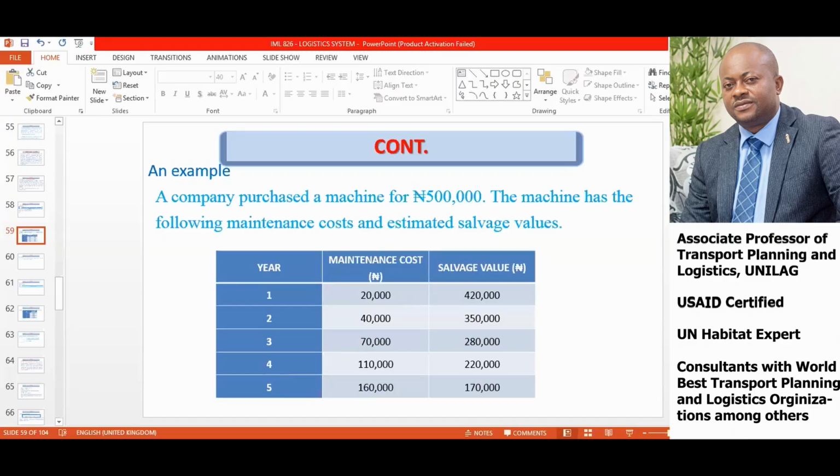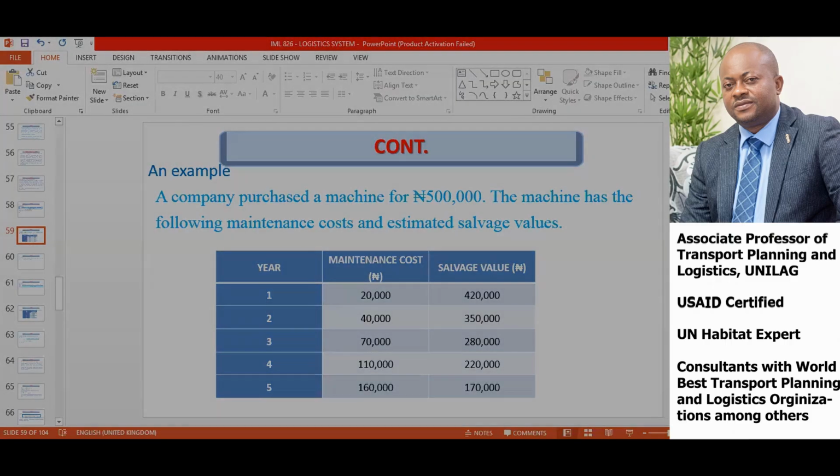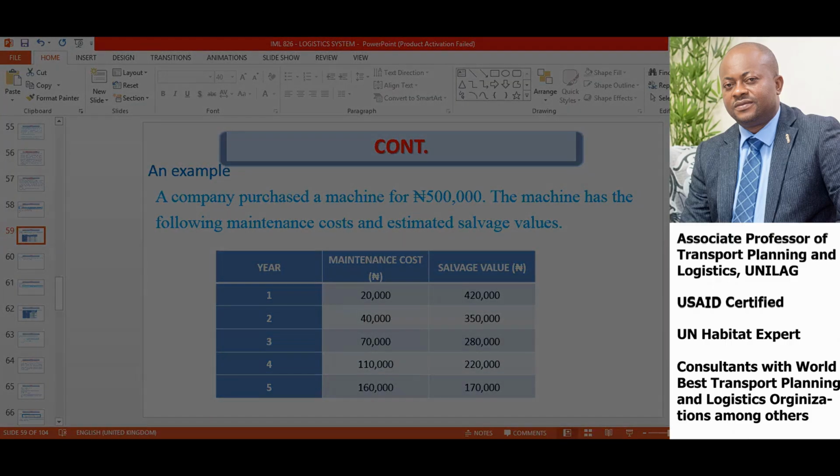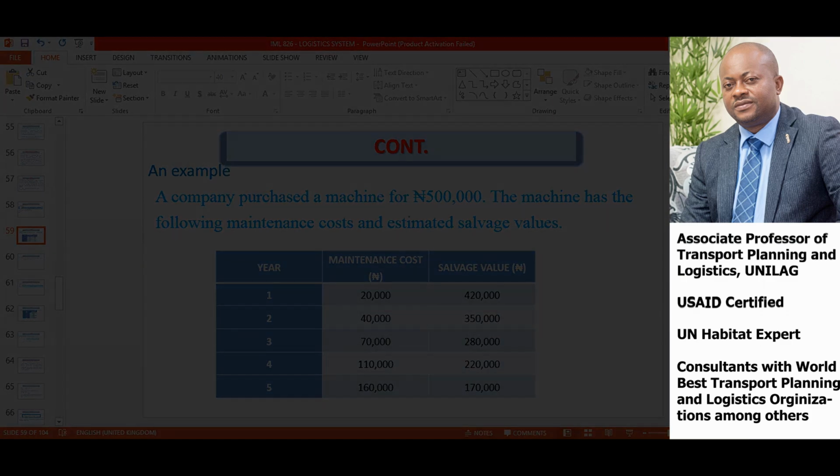When you compute for the third year, you are going to get 116,667. When you compute for the fourth year, you are going to get 130,000. Are you writing it down? When you compute for the fifth year, you are going to get 146,000. So the minimum average annual cost is in year 1, which is 100,000 naira.